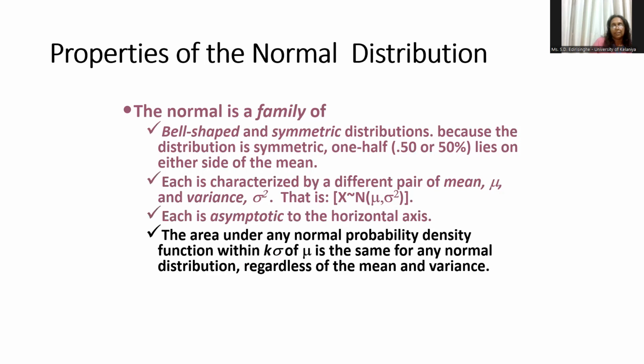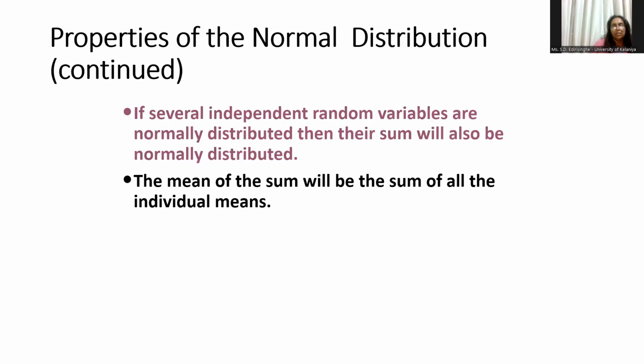Each is characterized by a different pair of mean and variance, and asymptotic to the horizontal axis. The area under any normal probability density function within k sigma of the mean is the same for any normal distribution regardless of the mean and the variance. So no need to write these things, but listen.